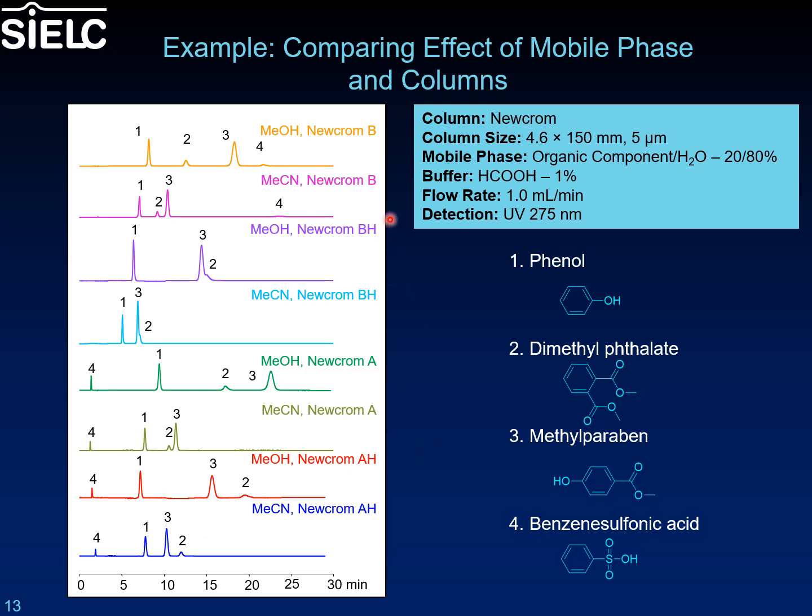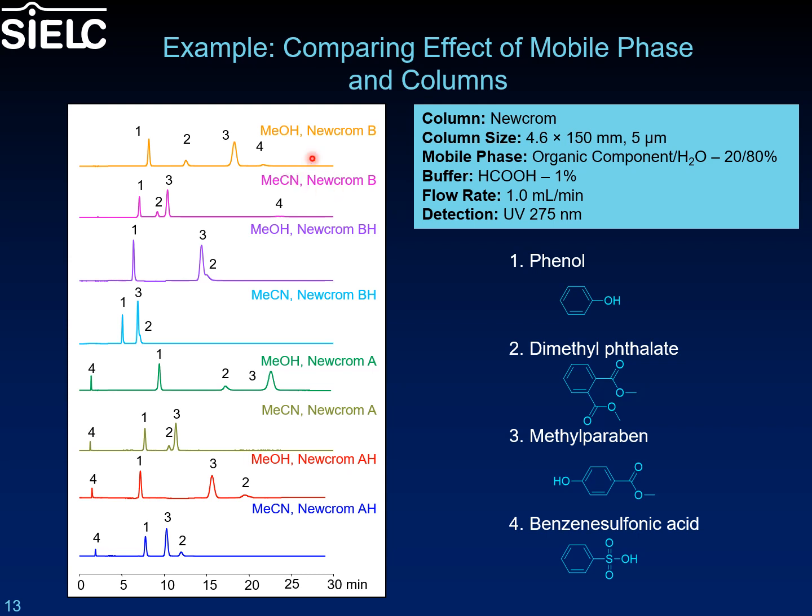On this slide, we are showing a general summary of the different choices of mobile phase on the different Newcrom columns. We are separating these four analytes, shown down below. And as you can see, the choice between choosing either methanol or acetonitrile can have a great degree of effect on how closely your different analytes elute from one another.